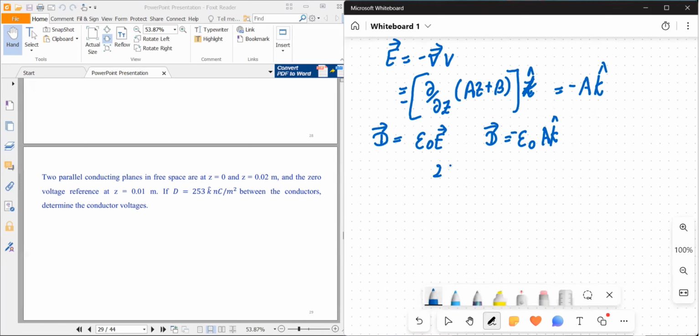It is 253 nanocoulomb per meter squared in the direction of k, and we know the value of epsilon naught. The only unknown is A. So using this equation, we can calculate the value of A. So calculate this value and let me know the answer here.